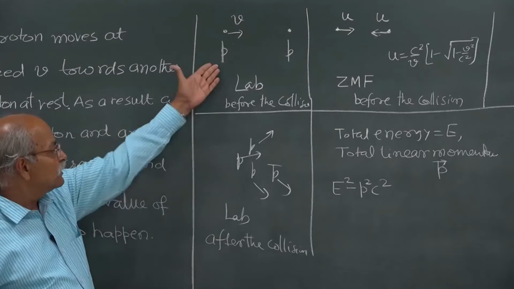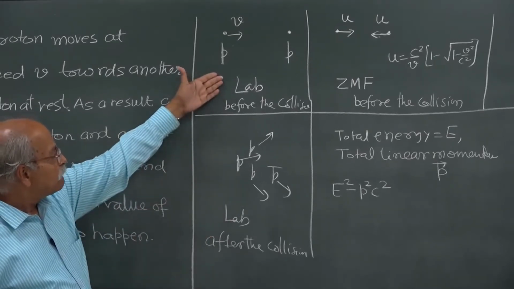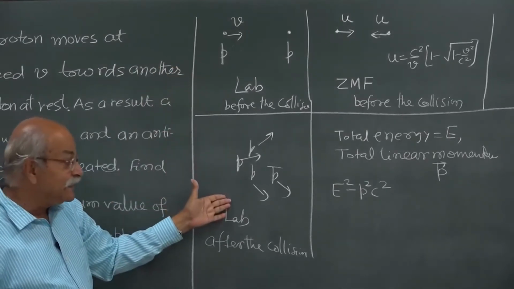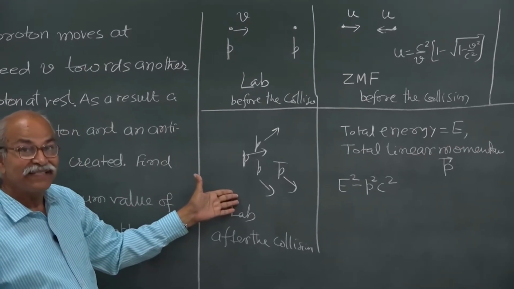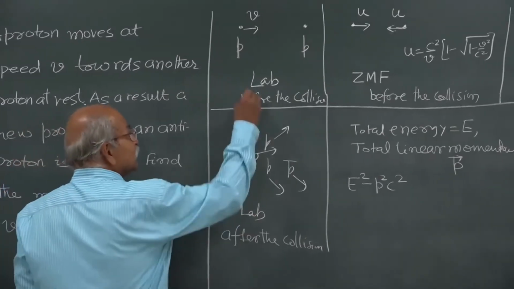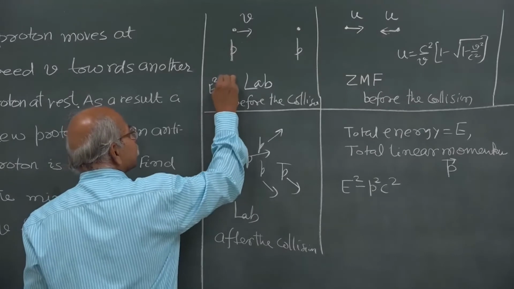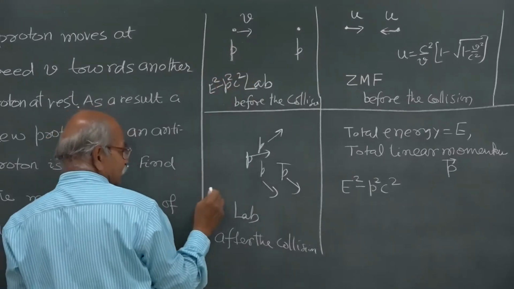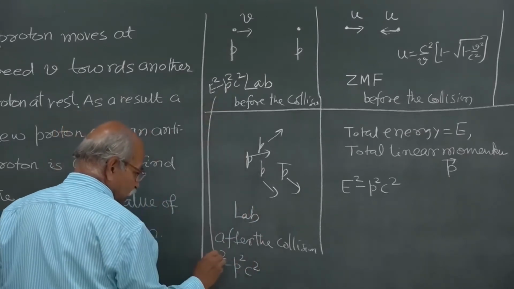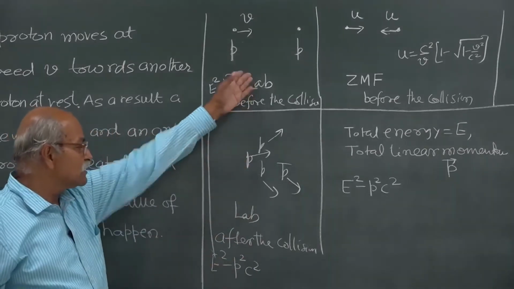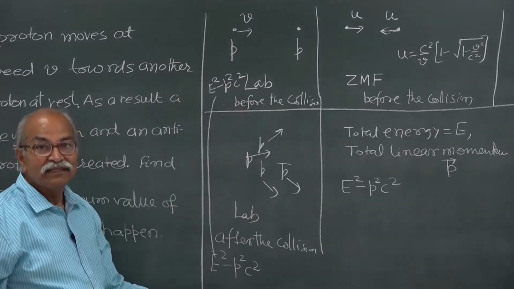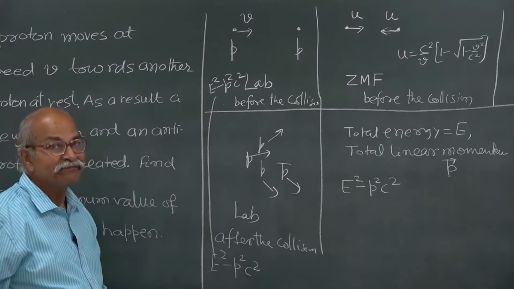If I go from the lab frame before the collision to the lab frame after the collision, E does not change and P does not change because of the law of conservation of energy momentum, and therefore this E square minus P square C square here and this E square minus P square C square here must be the same. Before the collision and after the collision, the total energy and total momentum do not change, and therefore this quantity will remain the same.